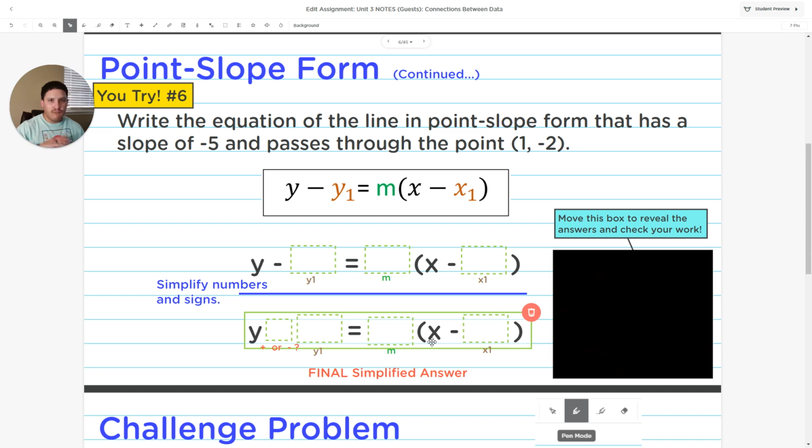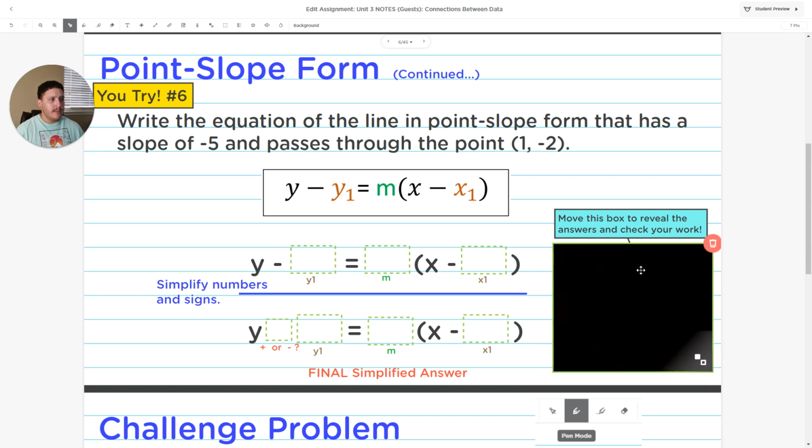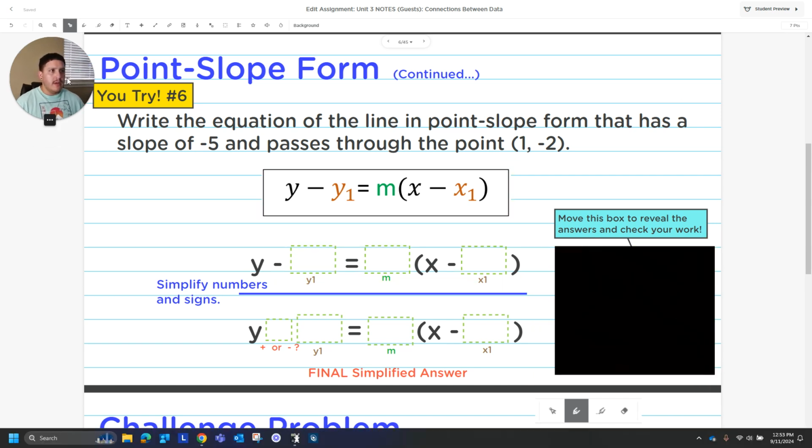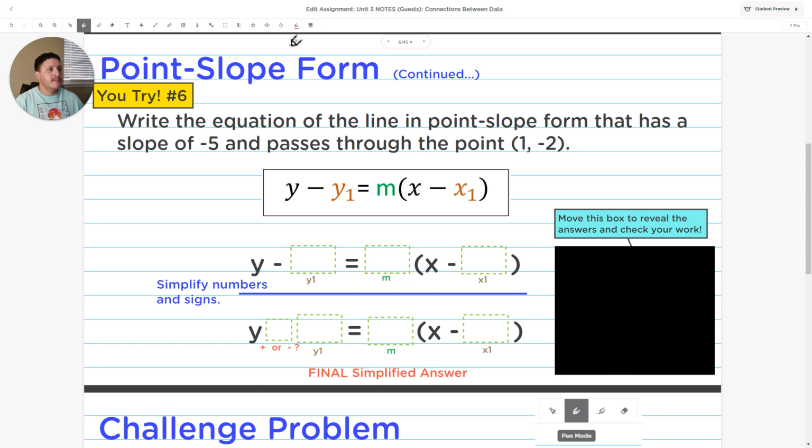After that's done, you get your final answer. So do that. Check yourselves using the box behind this to see if you did everything right. Otherwise, if you're not going to try this on your own, I'm going to continue on and show y'all how to do this.